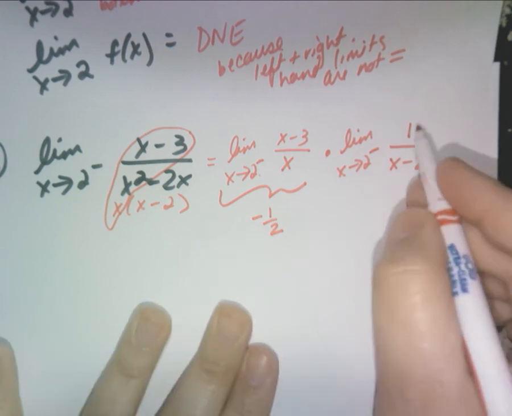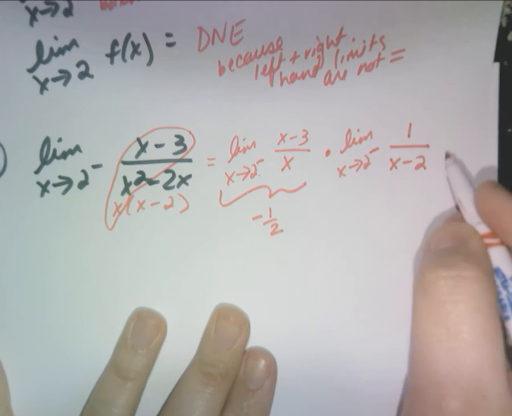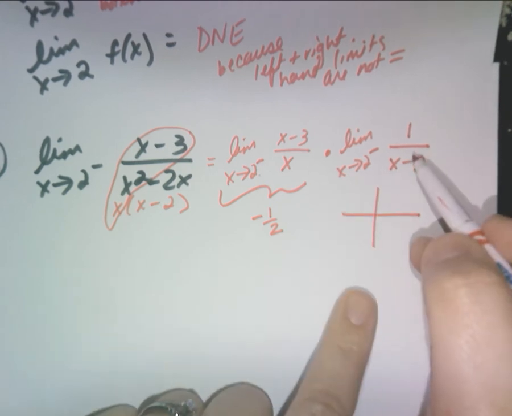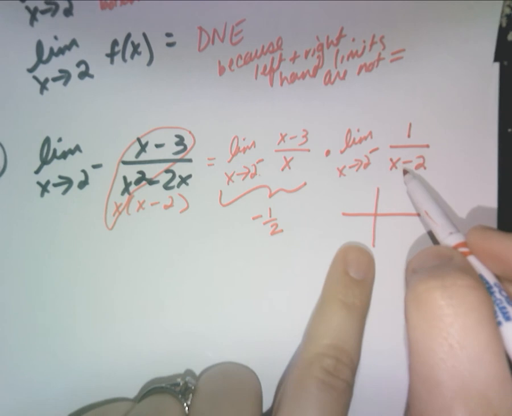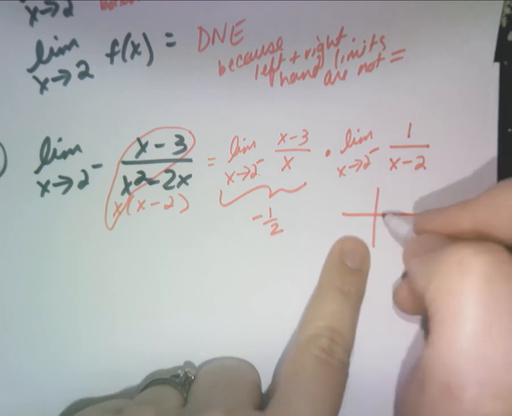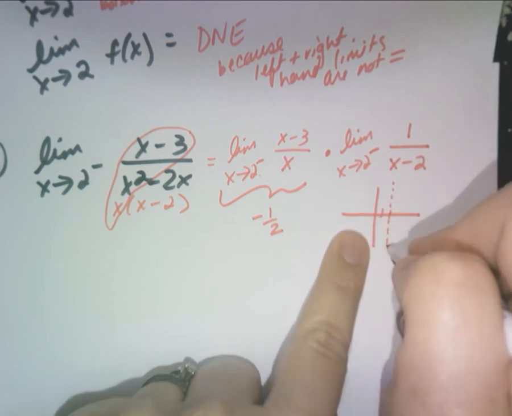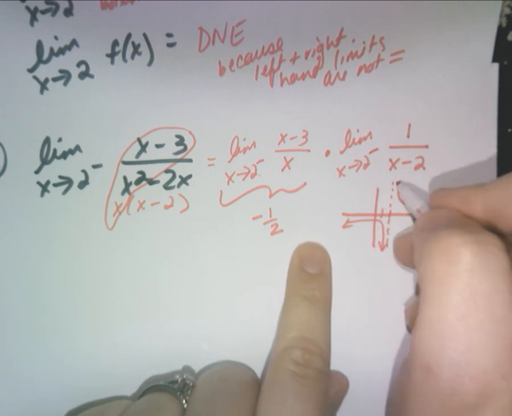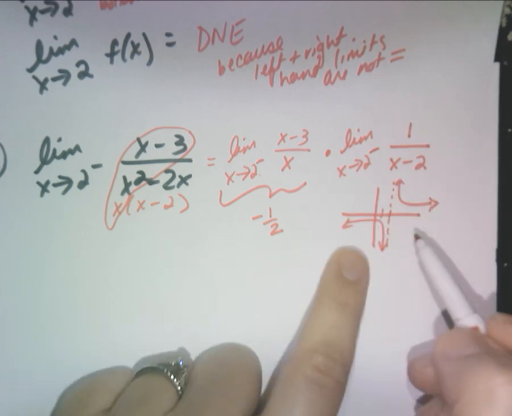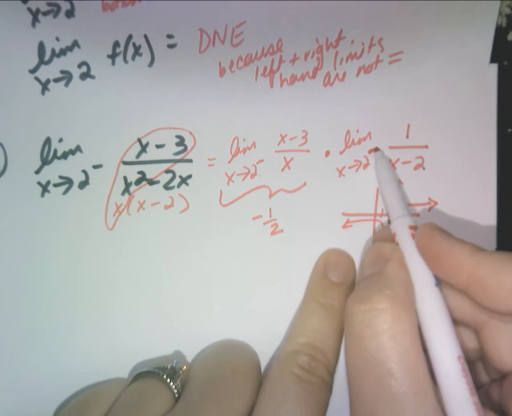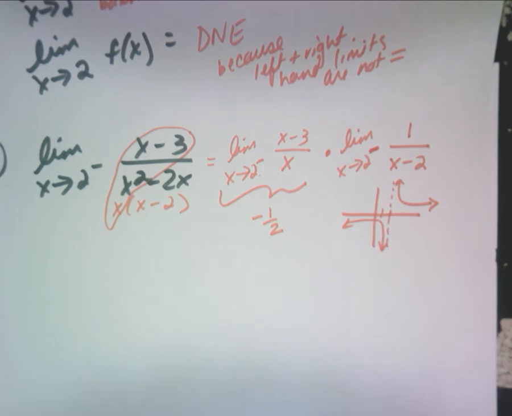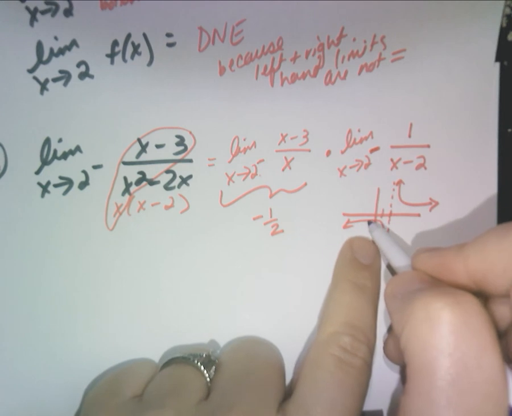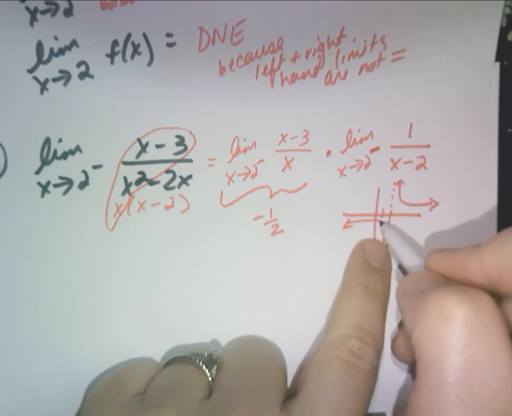But this should be a picture that you are familiar with. This is the parent function that looks like this. This is the hook that has an asymptote at 2, like this. And then the hook is here, and the hook is here. So you could graph it and check it. But as you approach 2 from the left, I'm approaching 2, now I'm at 1.